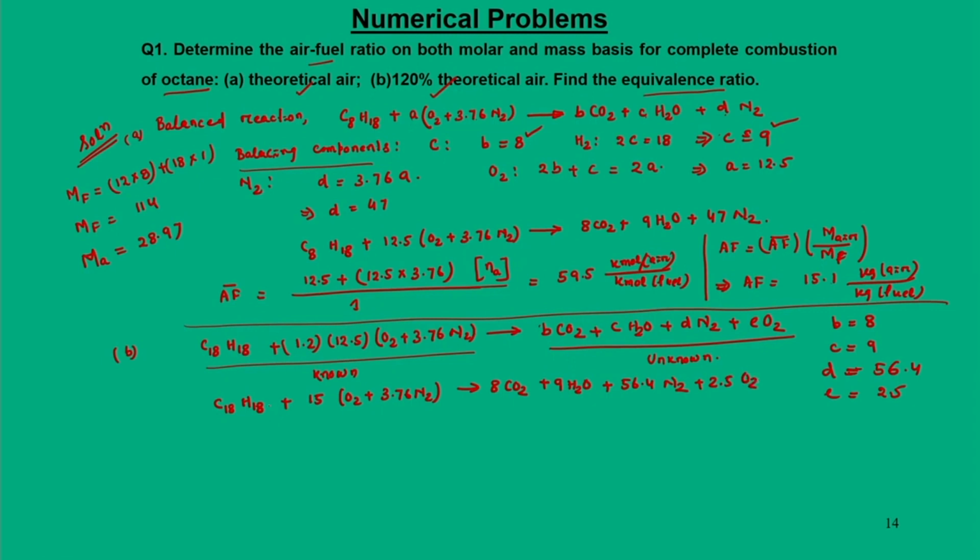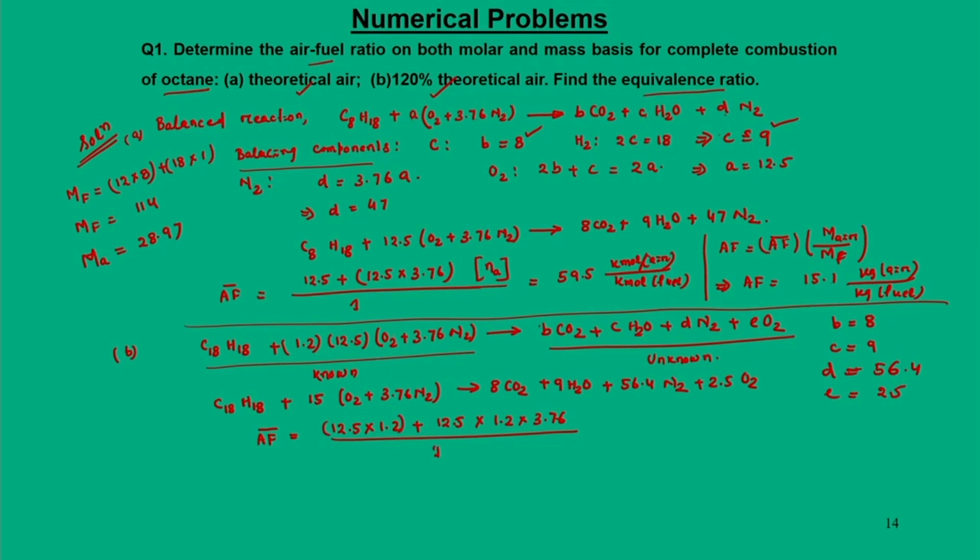So, here the air fuel ratio we can write, F bar would be 12.5 into 1.2 plus 12.5 into 1.2 into 3.76 divided by 1.